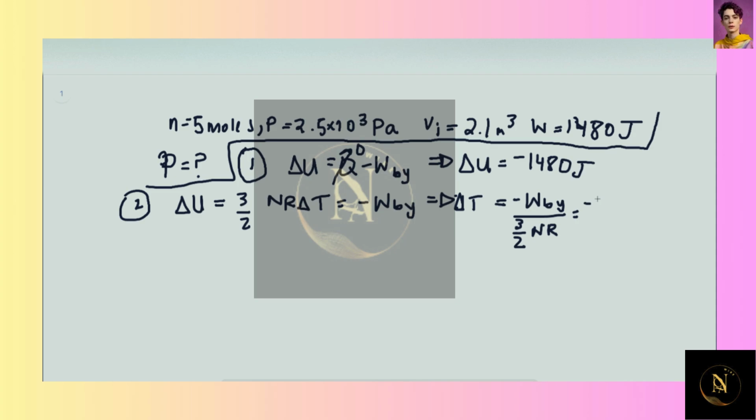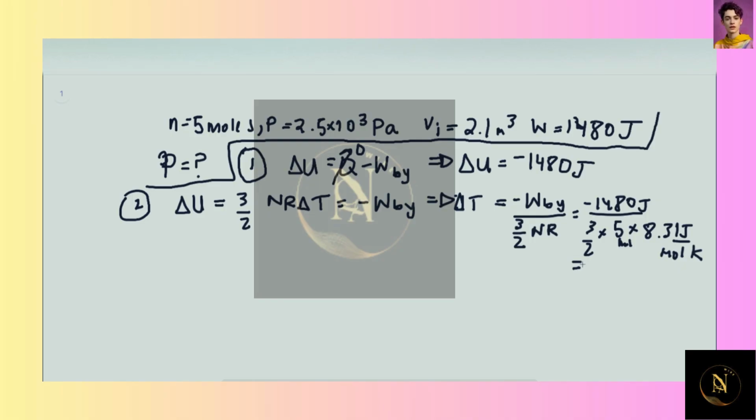So that's minus 1480 joules divided by 3/2 times 5 times R, which is 8.31 joules per mole Kelvin.